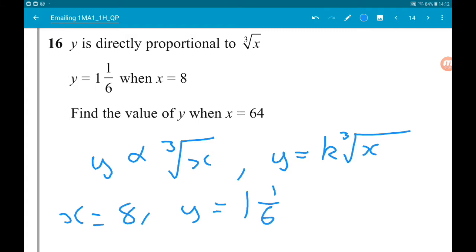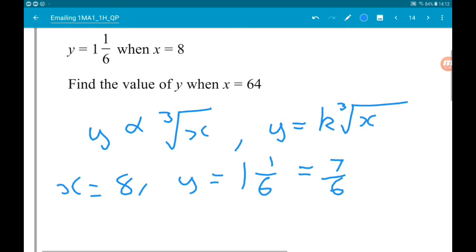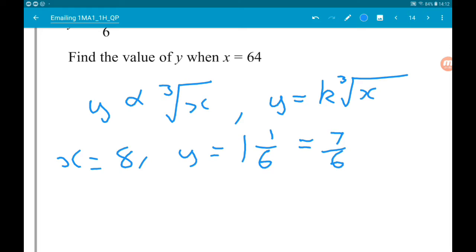Now we're probably not going to want that as a mixed number, so turn that into an improper fraction. That's 7/6. Now, if we substitute those in then, we get 7/6 is equal to k times the cube root of 8. Cube root of 8 is 2, so 7/6 is 2k.